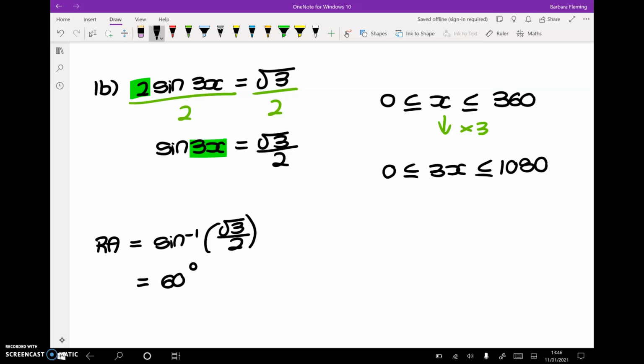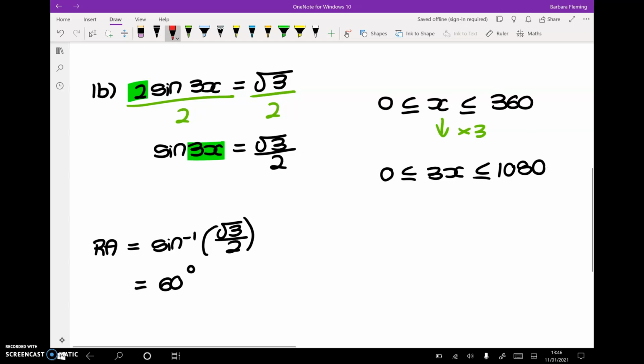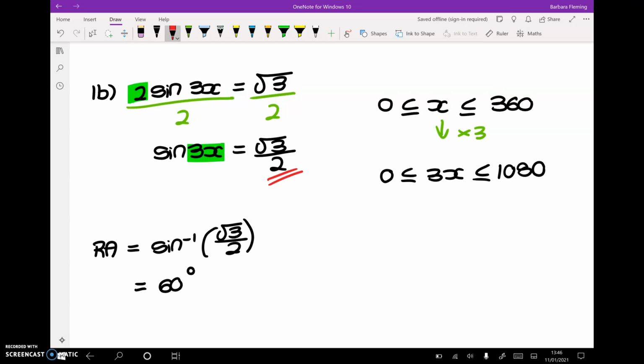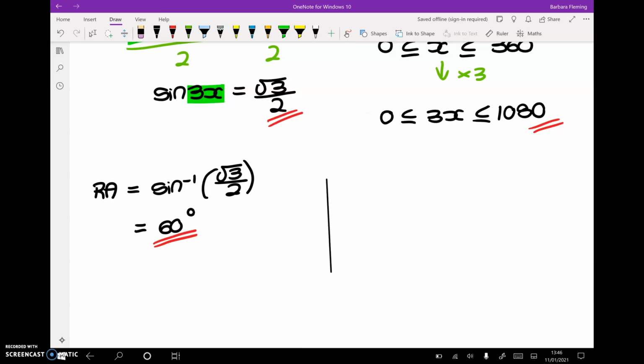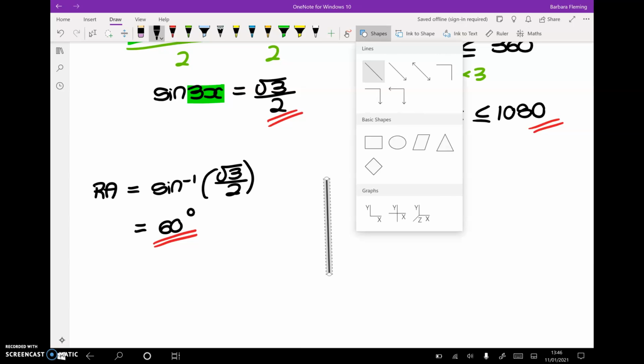But you should recognize that root 3 over 2 is one of your exact values. So we have sine of 3x on its own. We've adapted our domain. We found our related acute angle. We now draw our sine graph to find all of our solutions.